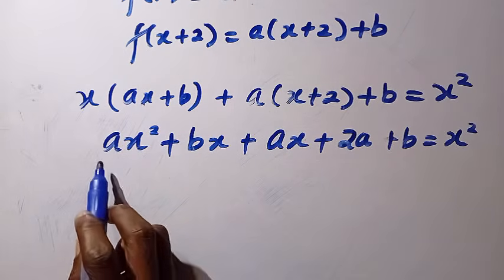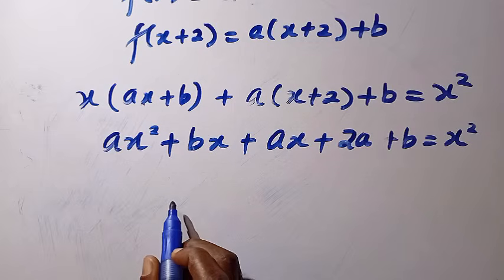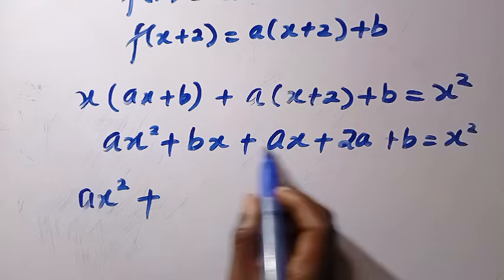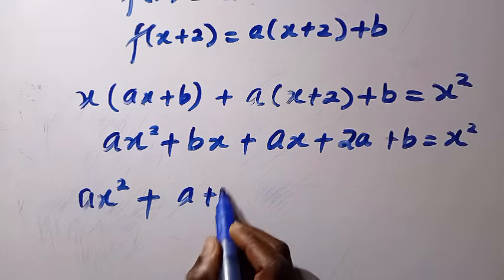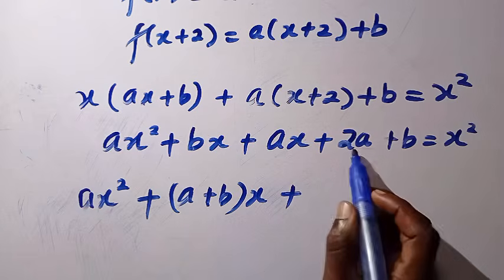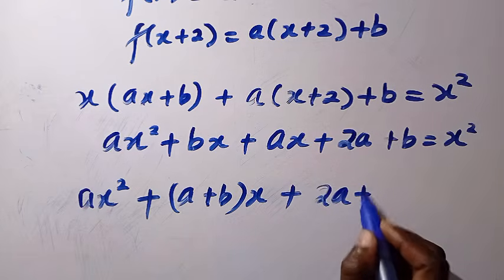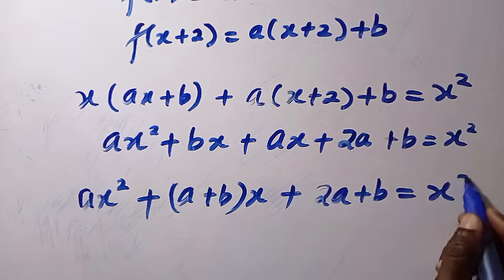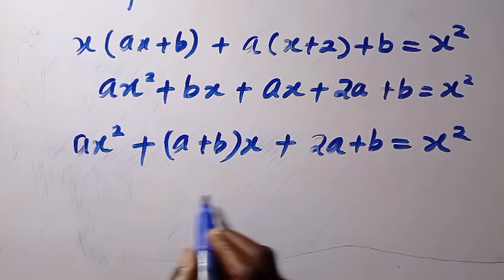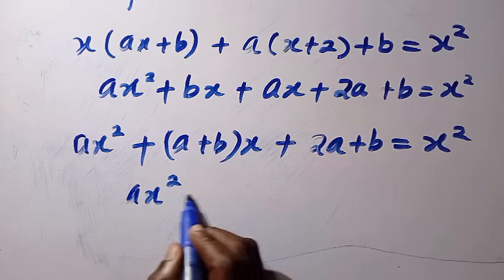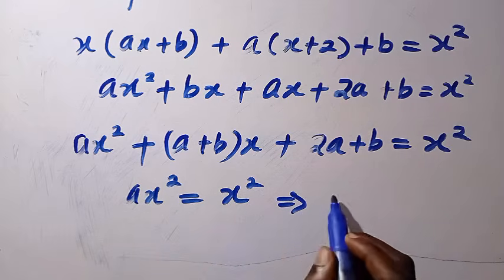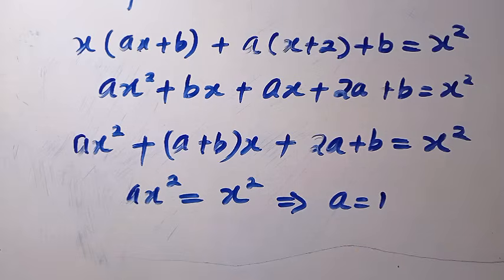Next, we have to compare. Before comparing, we have ax squared plus bx plus ax, that is (a+b) multiplied by x, then plus 2a plus b, equals x squared. By comparing these coefficients, for ax squared, this equals x squared, and this implies that a equals 1.